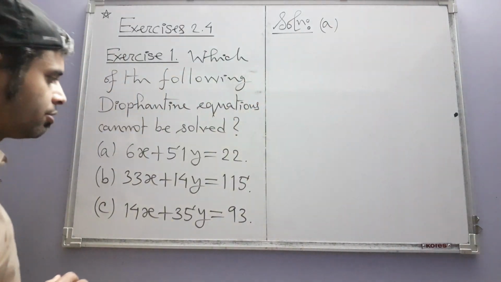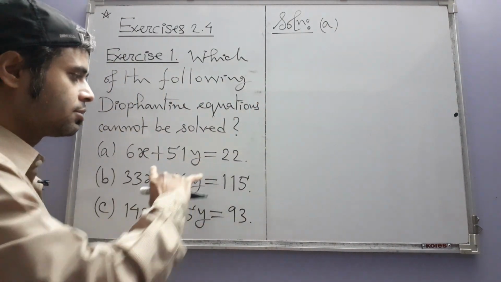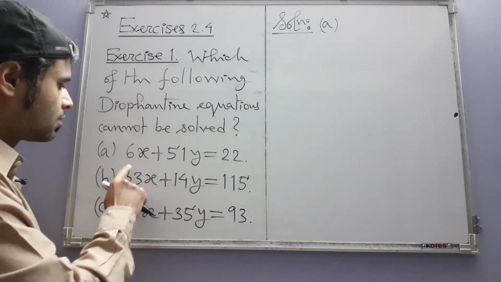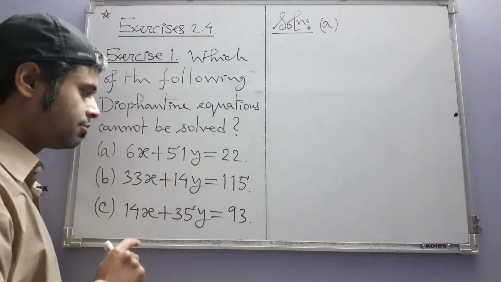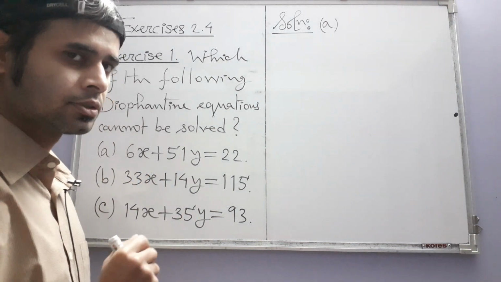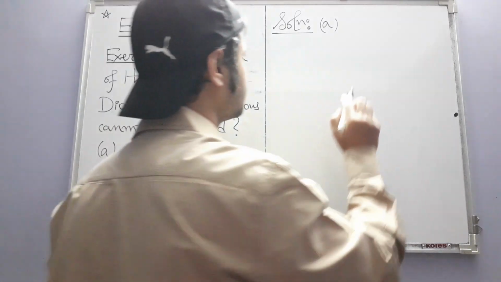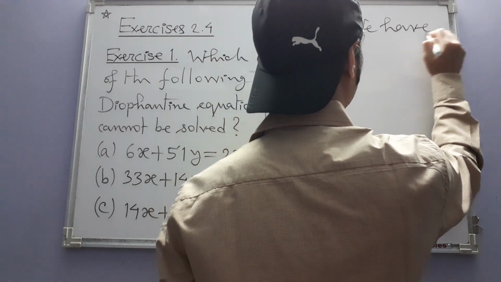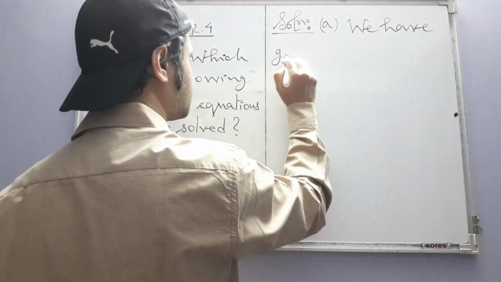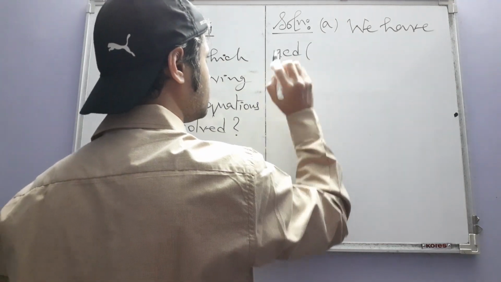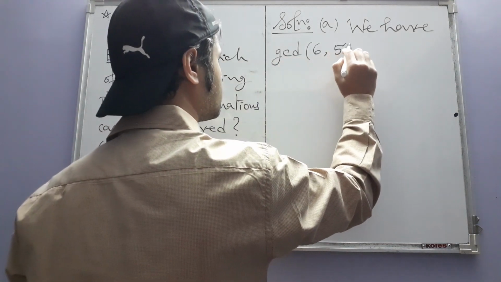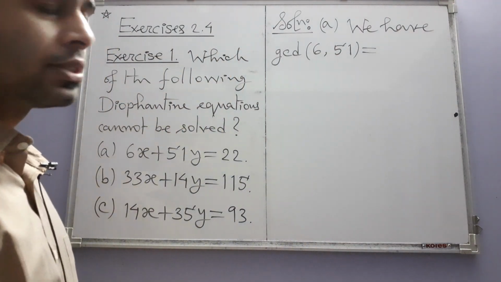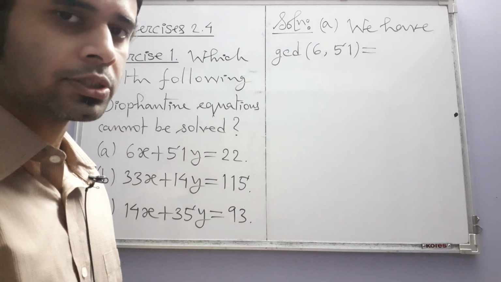Part A. Now from theory we know that this equation is solvable if and only if the greatest common divisor of these coefficients 6 and 51 divides 22. So that means we have to find the GCD. In finding this GCD value you can follow one of two procedures.